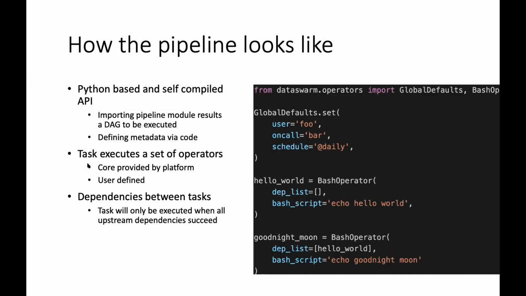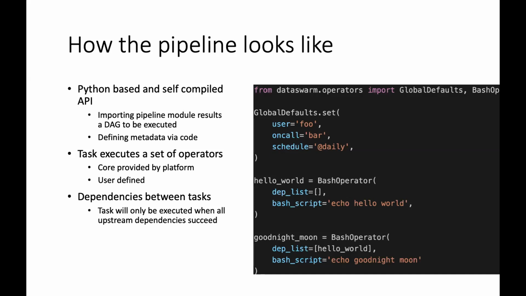So basically, in Dataswarm, as I mentioned, we provide a set of operators the user can choose from. This example uses a batch operator, to which you can provide a batch command and run it. And we have others, like Presto and Spark, and also MySQL. We have core operators provided by the platform as a default, which are well written and well supported.